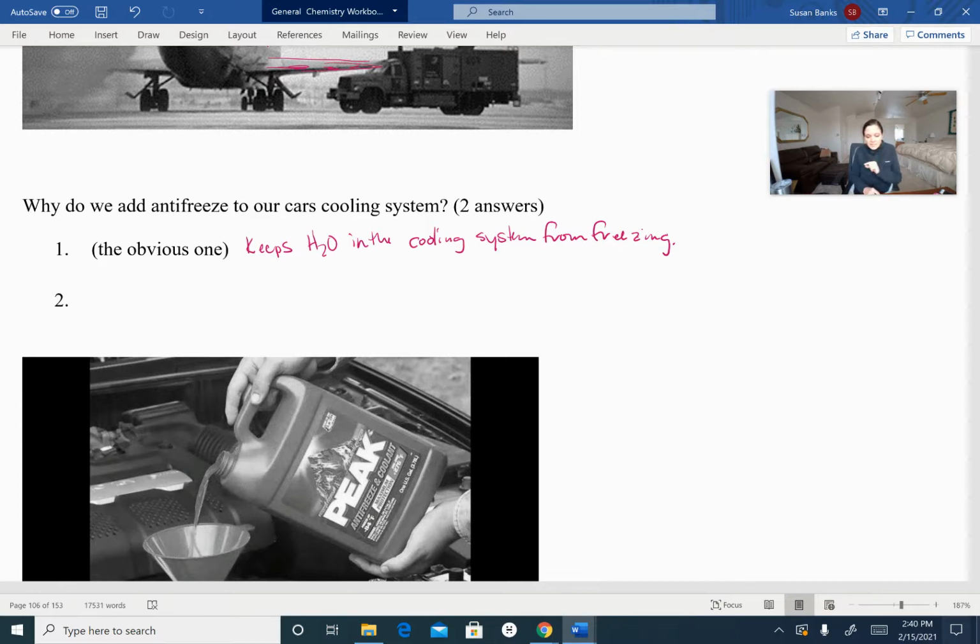The other thing is when it is hot, we also use antifreeze because it extends that boiling point. Boiling point elevation, it keeps water from boiling off and overheating the engine, so it can cool the engine.